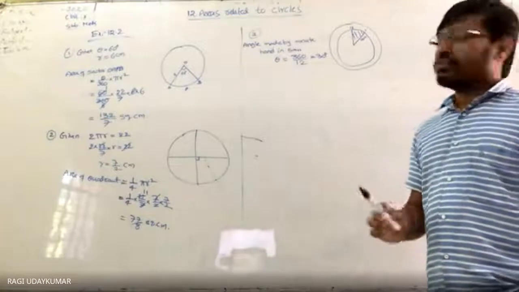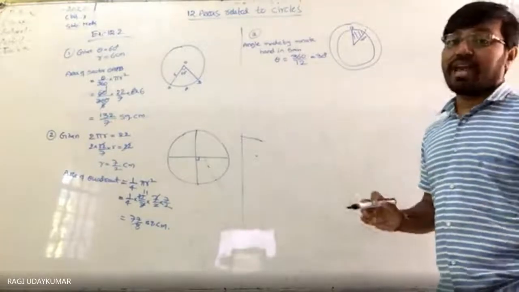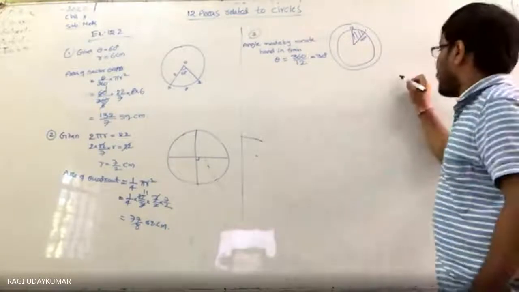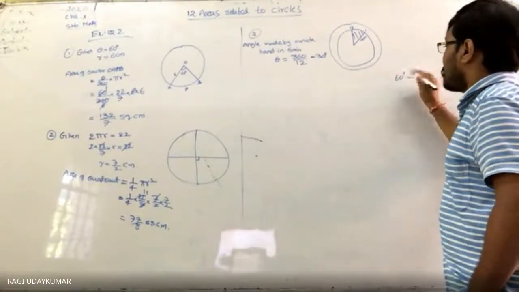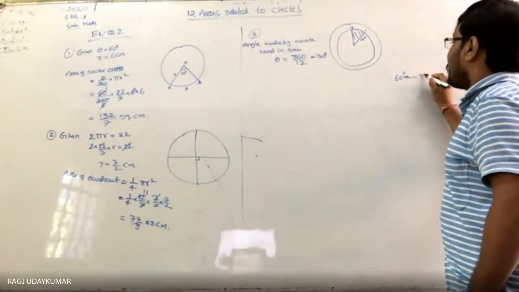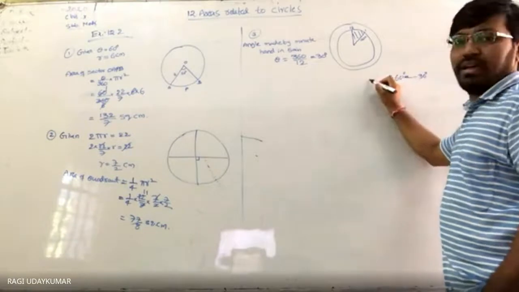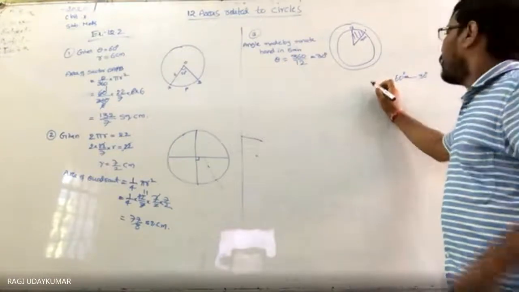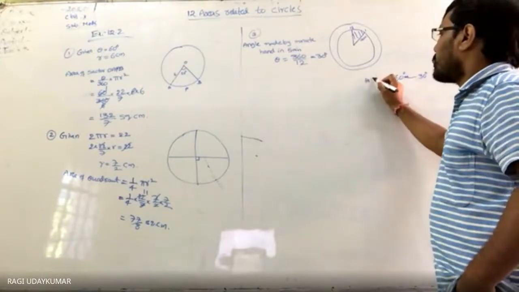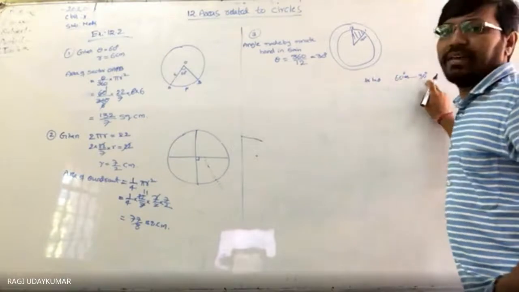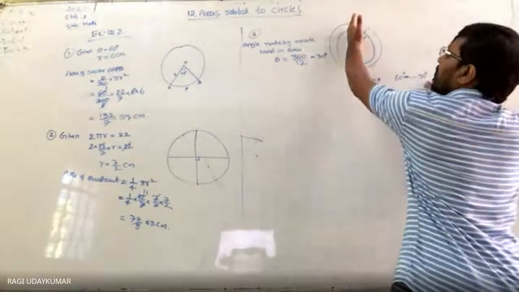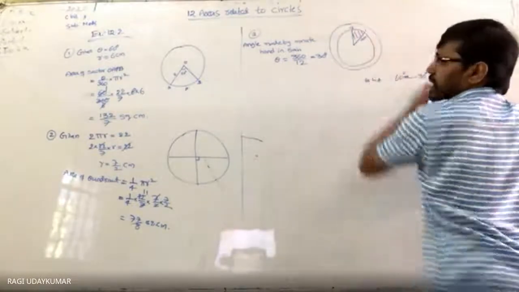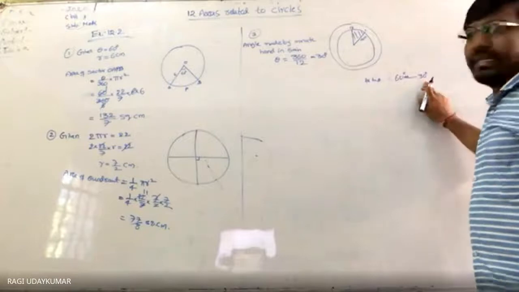The hour hand is the smaller one. In 60 minutes, that is 1 hour, it goes from 12 o'clock to 1 o'clock. So in 1 hour it covers 30 degrees.